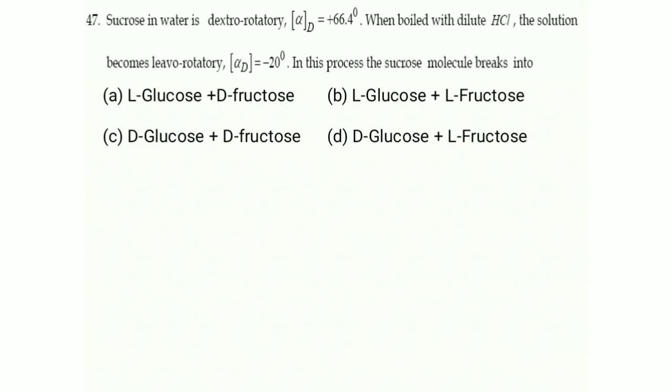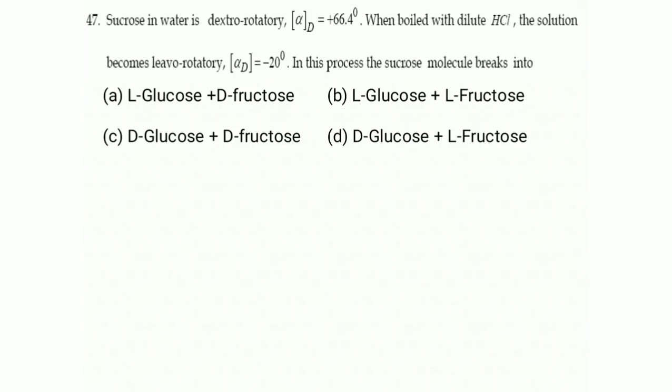Then 47, sucrose in water is dextrorotatory. When boiled with dilute HCl, the solution becomes levorotatory. This process is called inversion, remember, inversion of cane sugar. During this inversion process, the sucrose molecule breaks into, if the question is like sucrose is made up of two monomers, which are those two monomers, glucose and fructose, all the options are given.